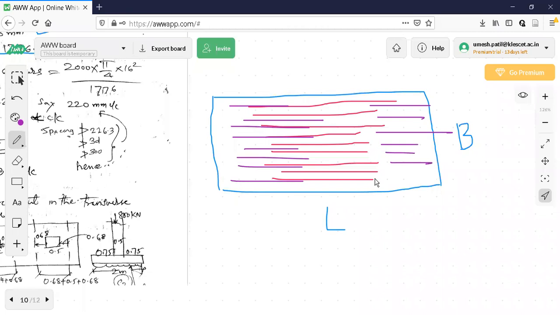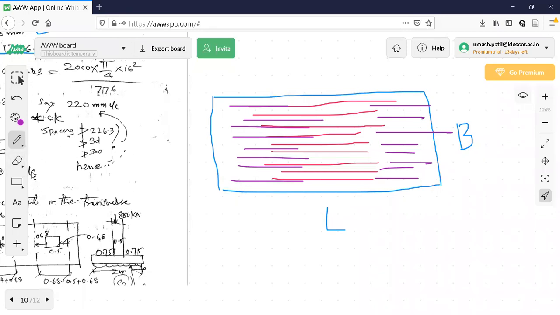These are actually bottom bars. This is a clear diagram you will learn later on. So top bars are there which are taking care of hogging moment. Bottom bars near both the columns are there. They are taking care of sagging moment. This is what we call reinforcement in the longitudinal direction.